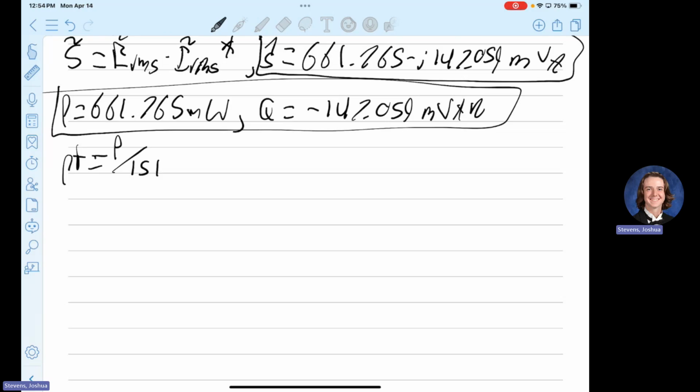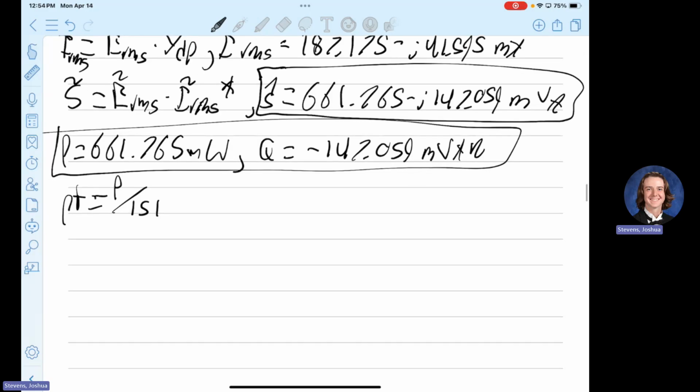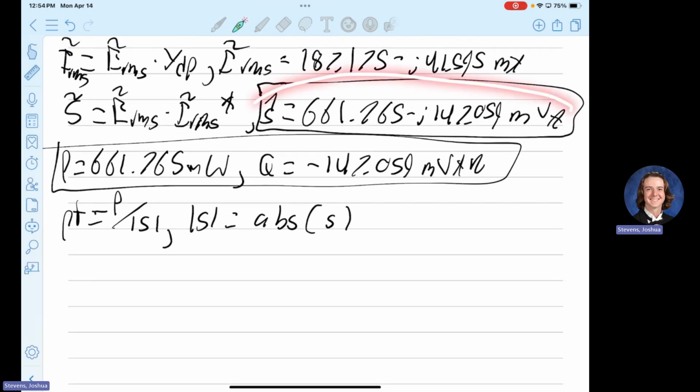In your calculator, type ABS, parentheses, and you will get the magnitude of S. ABS stands for absolute value.